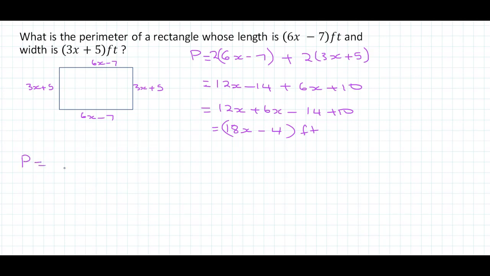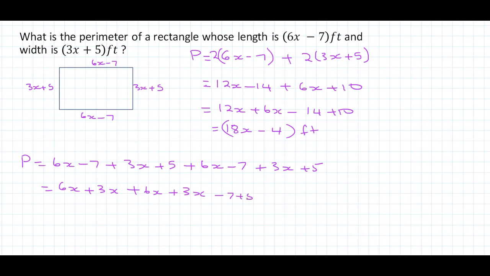So perimeter here is going to be 6x minus 7 plus 3x plus 5 plus 6x minus 7 plus 3x plus 5. Now we're going to group common terms together. So we have 6x plus 3x plus 6x plus 3x minus 7 plus 5 minus 7 plus 5.